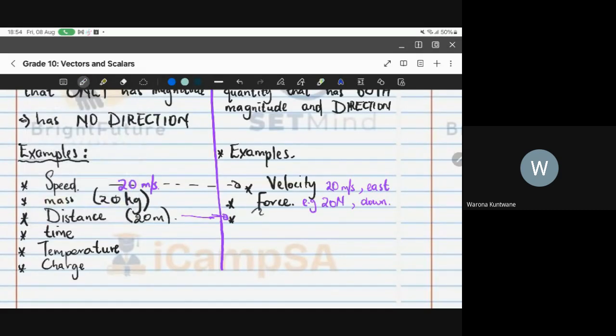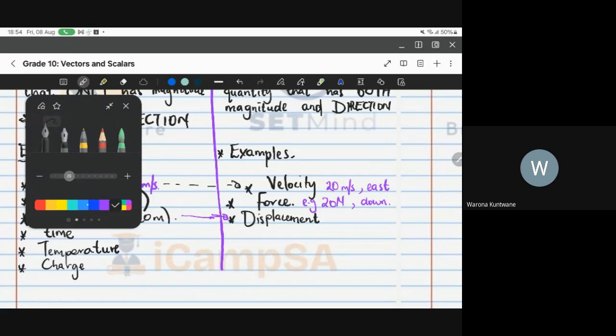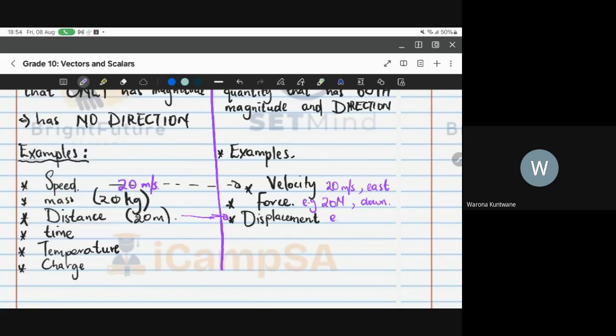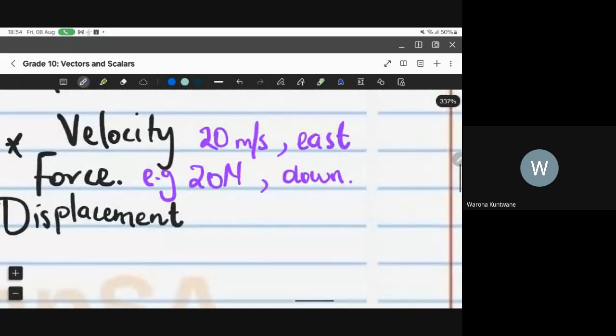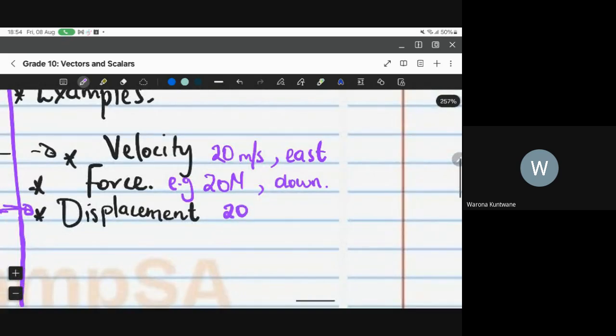Displacement is also measured in the same SI units as distance, but they do not mean the same thing. E.g., 20 meters north.